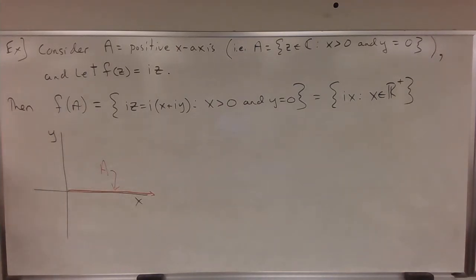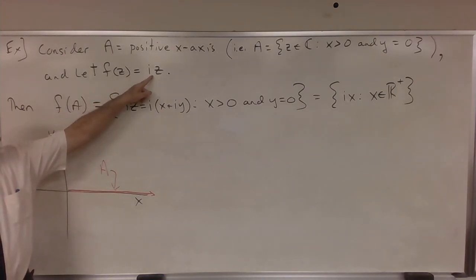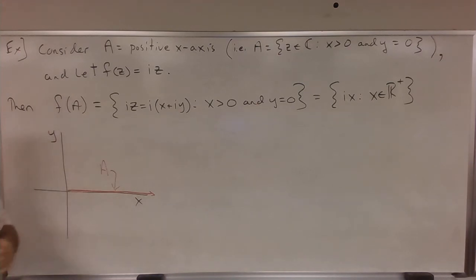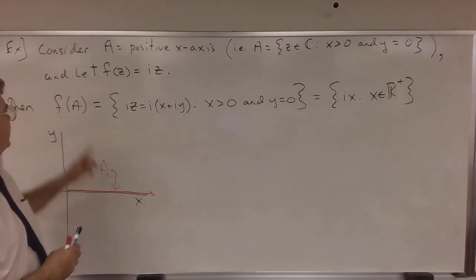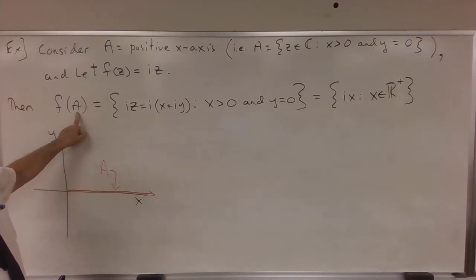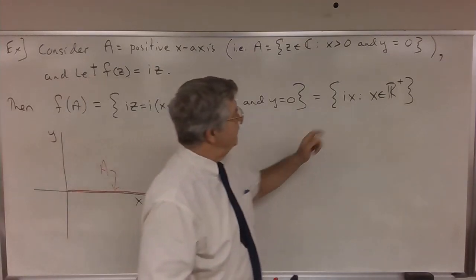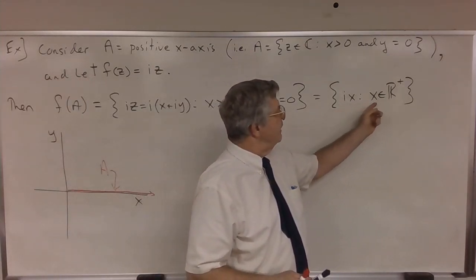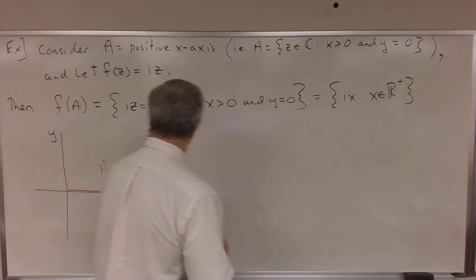That's A. And we take every element on the x-axis and plug it into f. And what it does is it multiplies this element by i. So the image of A is the set of all ix where x is a positive real number.